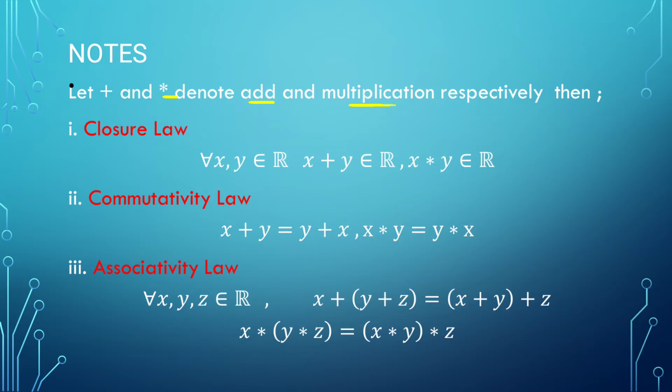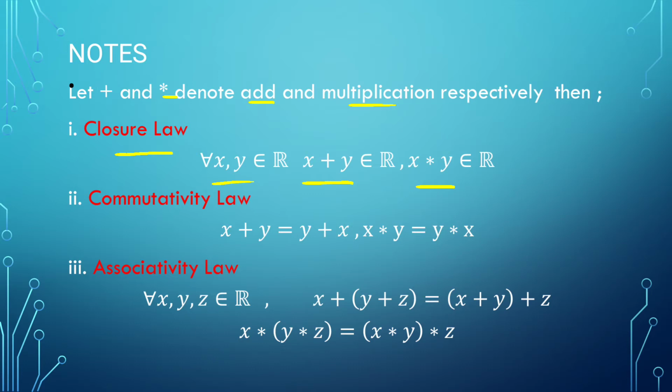So the first law is called closure law, whereby if you have given elements of R, if you sum them or you multiply them, you'll find the solution is still in R. When you find the solution is still in R, that is closure.